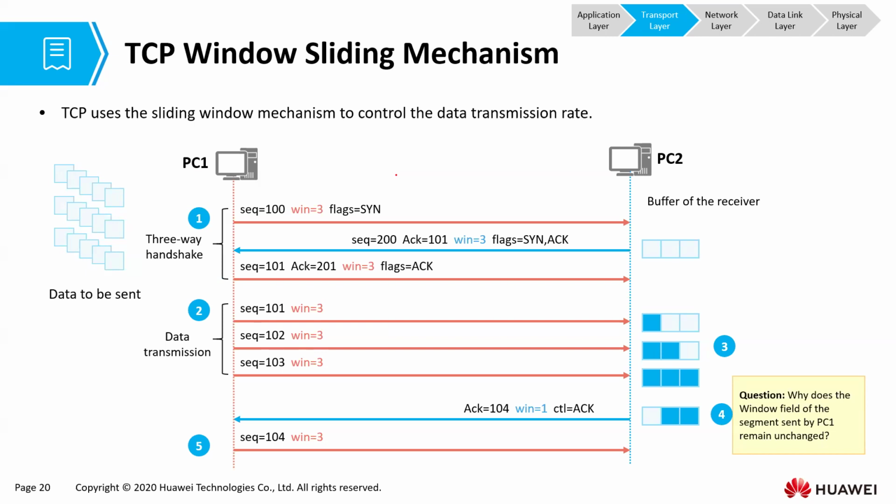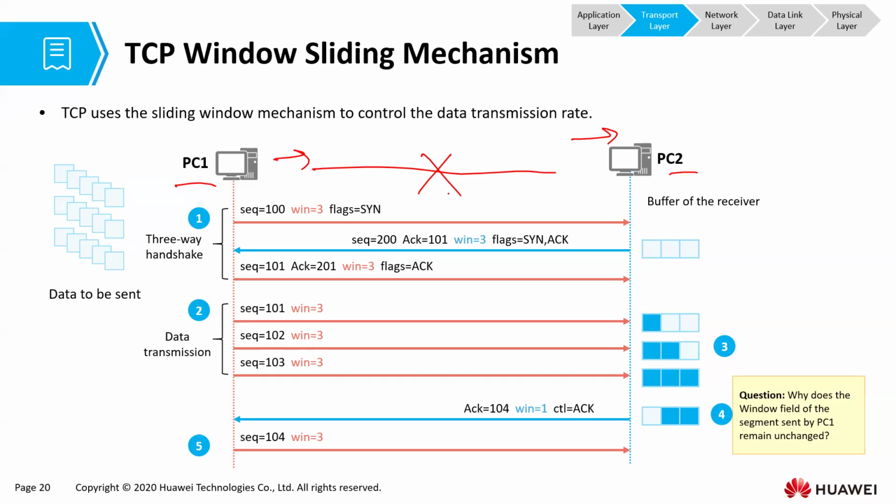The TCP sliding window mechanism is used to control data transmission. If I'm trying to send information from PC1 to PC2, and probably our network along the way is congested, and we keep pushing a lot of information from this end, the information won't reach the other end, because a congested network is probably dropping my packets.